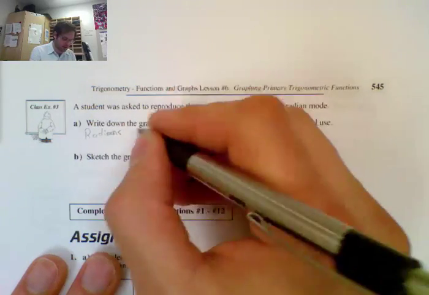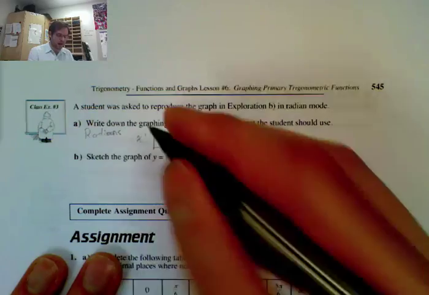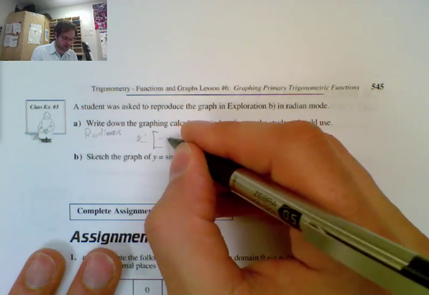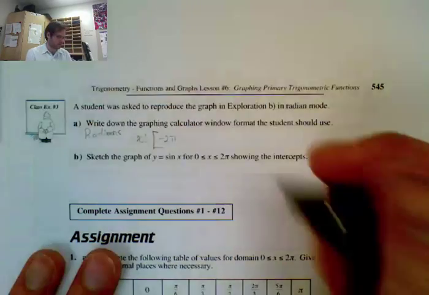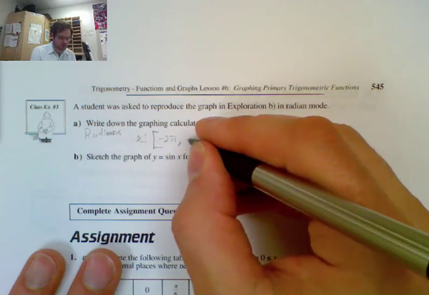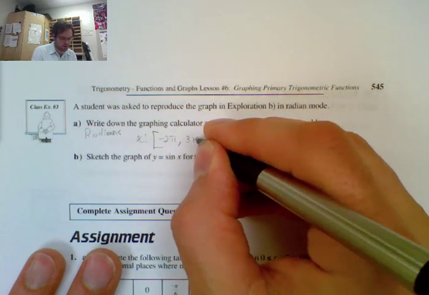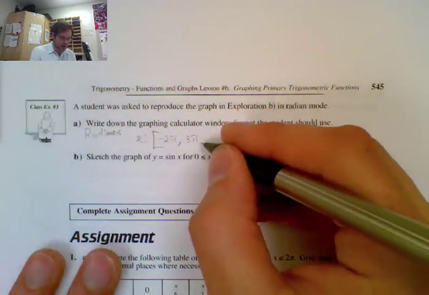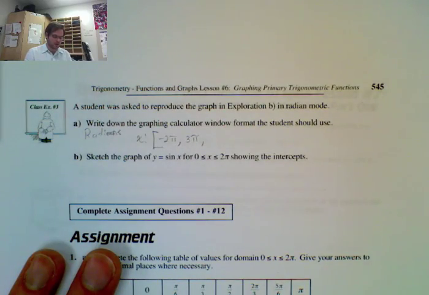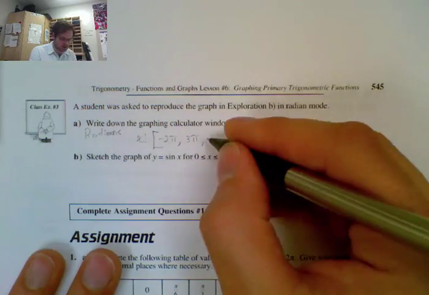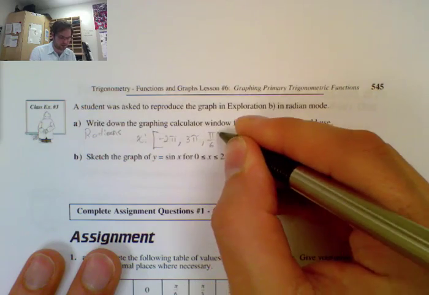So we're going to be looking at x. My minimum x is going to be negative 2 pi. Okay? My maximum x, well, we're going to say is 3 pi, or we could just say 2 pi. And we're going to count by, we counted by 30s there, so that's the same as pi over 6.